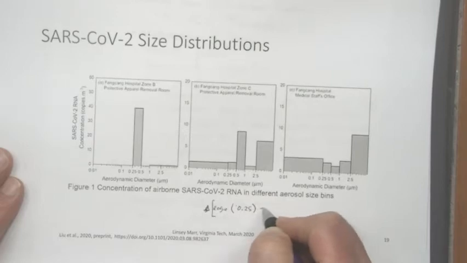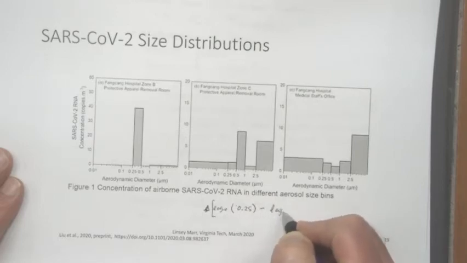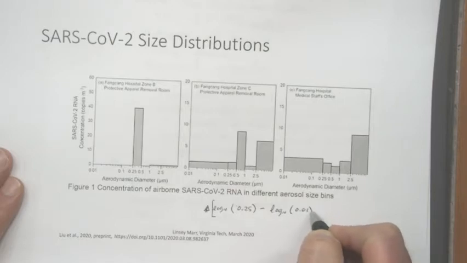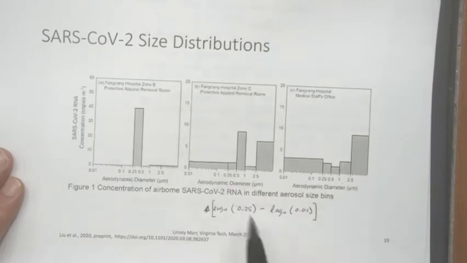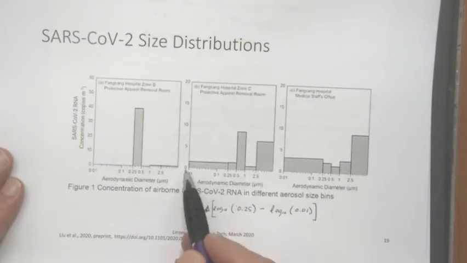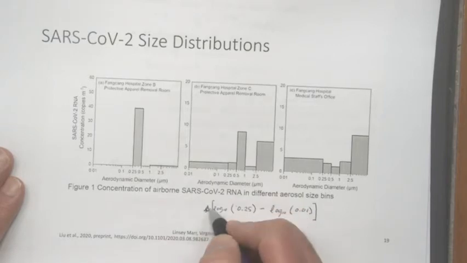So delta is this, and that's 0.01. This is the bin width, and you would take the value, which looks like it's 2, divide by that bin width, and that would be the normalized value of the distribution function. Anyway.